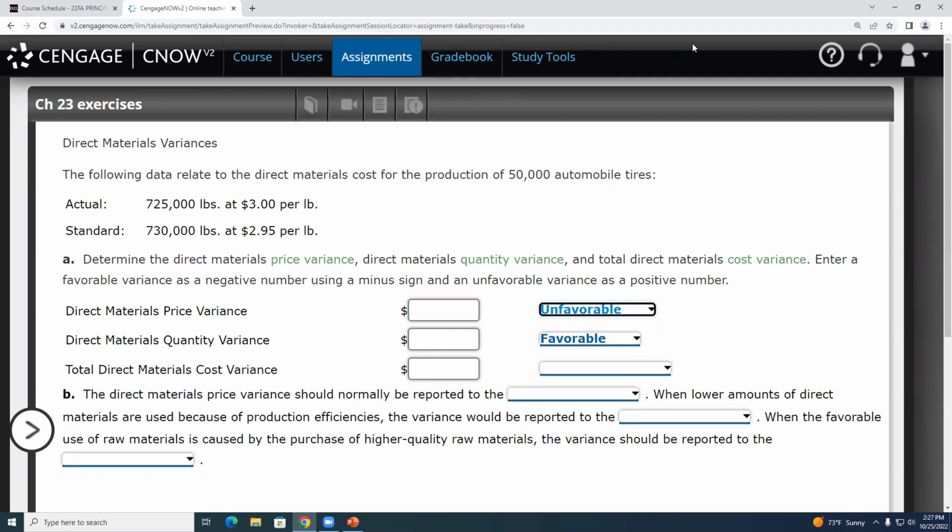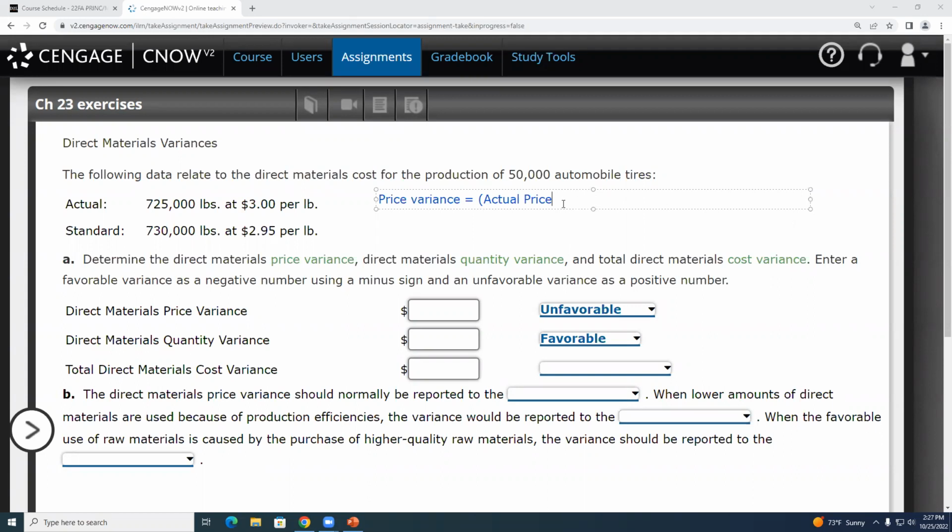We'll start with the direct materials price variance to find our actual dollar amount. So we're doing the price variance. Obviously, it's direct materials. And I showed you this formula already in the PowerPoint.